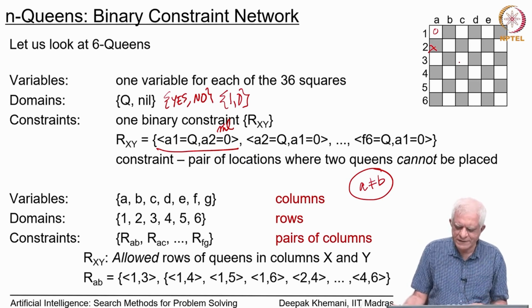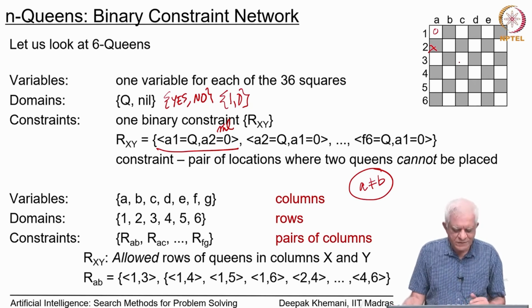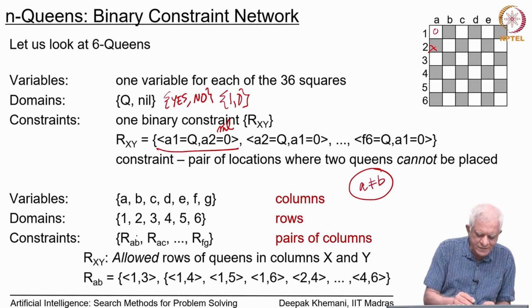Likewise, you can try and express other constraints. For example, diagonals are not so hard to express, but we will not get into that. We are looking at explicit representations, so let us focus on that. Our variables are the columns, our values are the rows. So columns stand for queens and rows stand for which row the queen will be placed, and the relations are binary relations between every pair of queens.